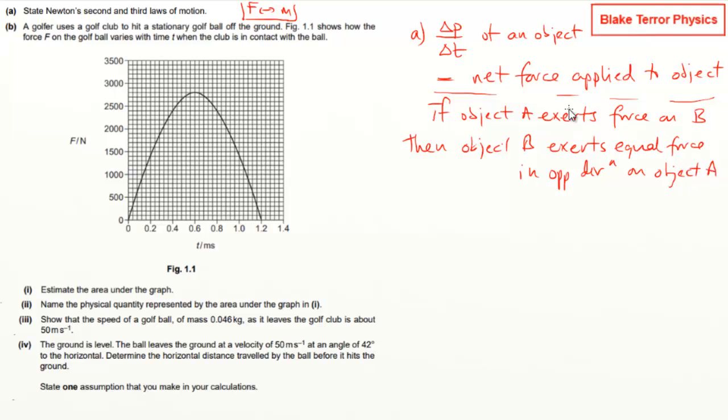As soon as you put objects into it, it makes it easier to write all these sentences out. If you're trying to describe these laws without referencing objects, you're going to get stuck. It ends up being a bit of a mess. Right, so that's dealt with those.